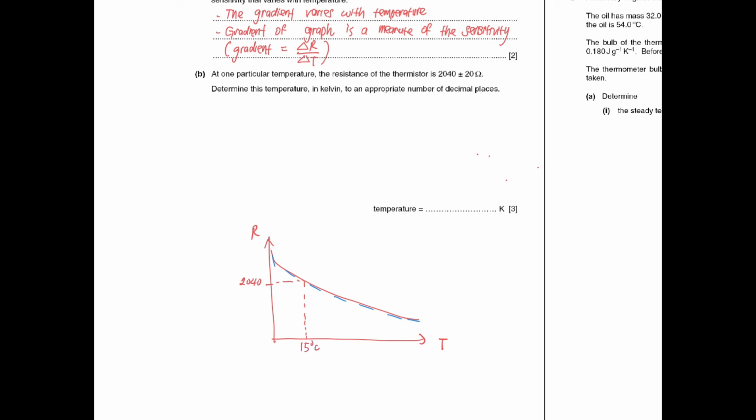Okay, then there is a plus minus 20 ohm. You will realize if you add 20 ohm, it will go up by one box. If you subtract 20 ohm, it will go down by one box. So in that situation, when you bring it to the temperature, the effect is the same.